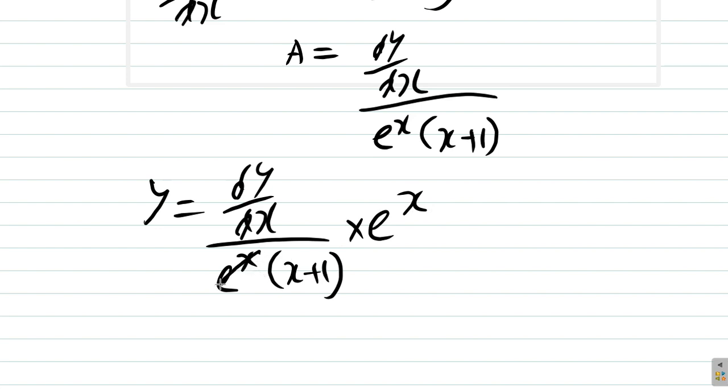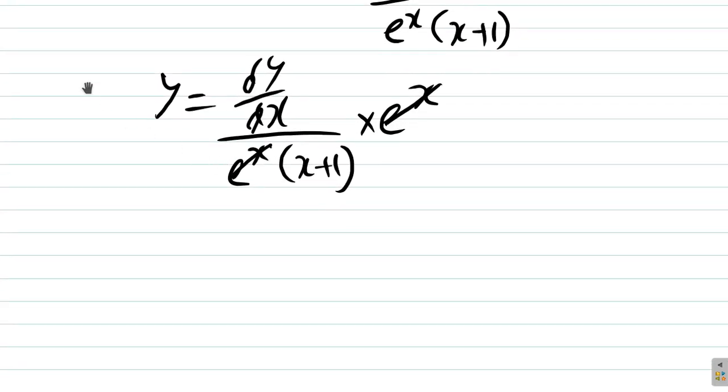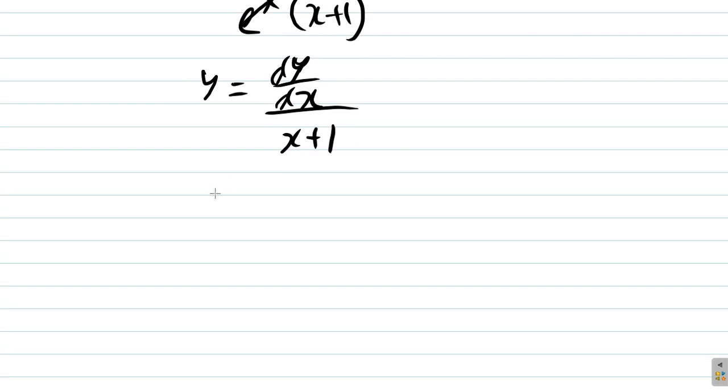The e to the x will cancel e to the x. So what we will have here is y equals dy by dx over x plus 1. Let us multiply both sides by x plus 1. We're going to get y times x plus 1 equals dy by dx, right?